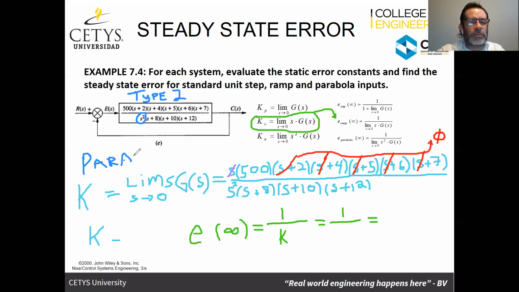For a type 2 system that's going to try to follow something that's accelerating, we'll call this Ka. Now the S is going to be an S squared that we're adding here in the numerator.